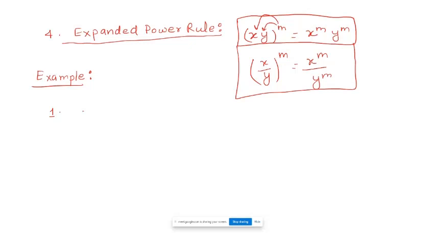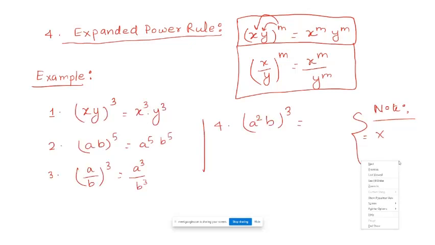Hello, everybody? Look here. There's a note I want you to understand. If I write x, what is the power of x? Can you tell me? What is the exponent of x? Power means exponent.